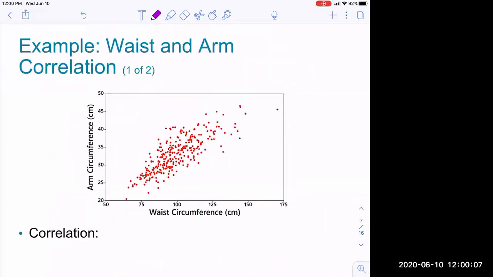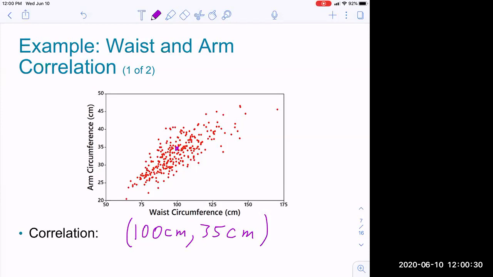So here's a scatter plot. Each of these points, for instance, I'm guessing that point there, the waist circumference in centimeters was 100 centimeters, and the arm circumference was 35 centimeters.